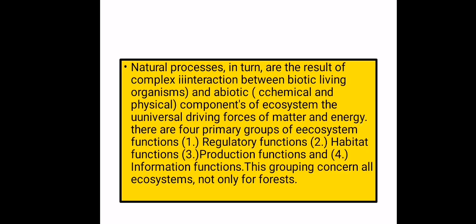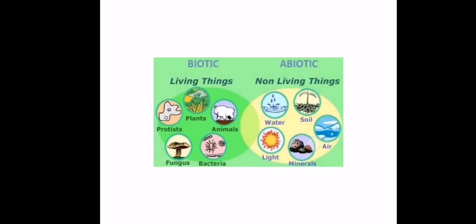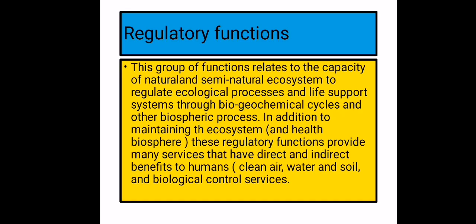There are four primary groups of ecosystem functions. First, regulatory functions. This group of functions relate to the capacity of natural and semi-natural ecosystem to regulate ecological processes and life support systems through biogeochemical cycles and other biosphere processes.